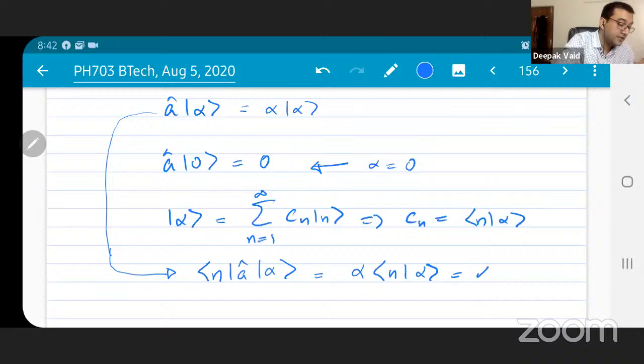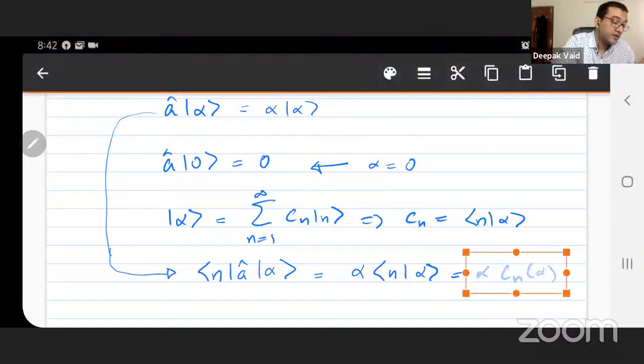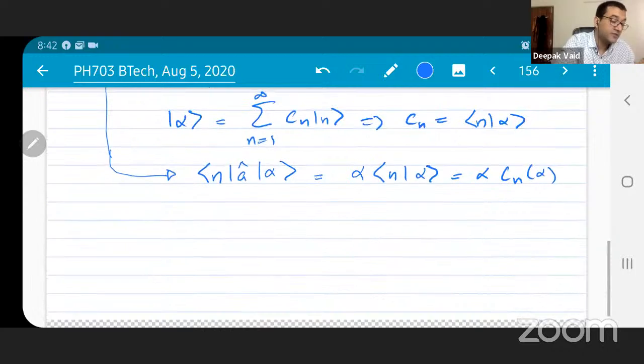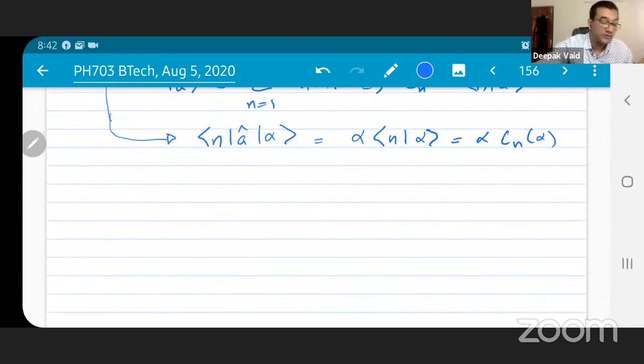This is Cn, and I should write Cn as a function of alpha. Okay, so this is an equation for my Cn. But we still have not determined it. We will see how to solve this later. But before we do that, let's look at some properties of these states.